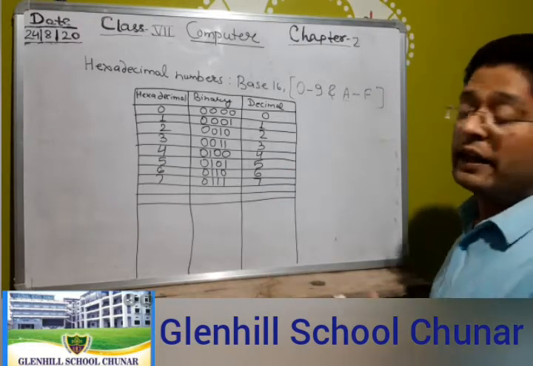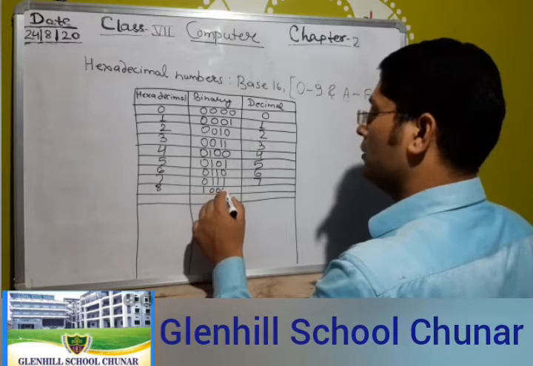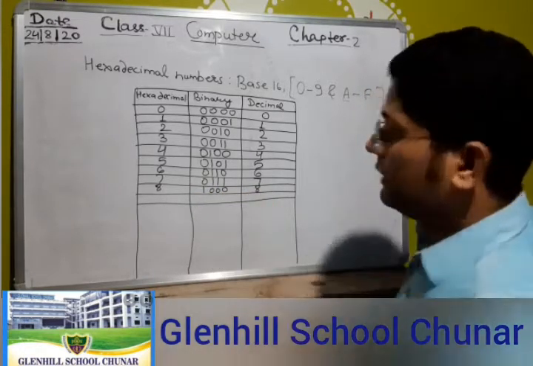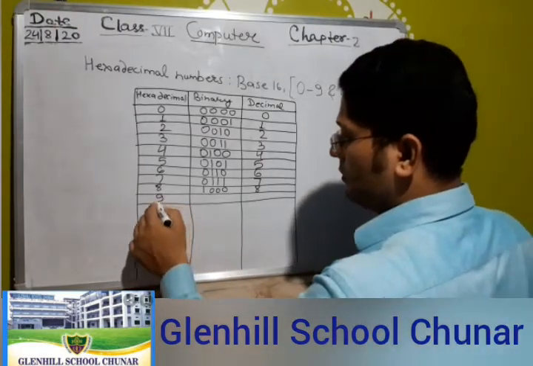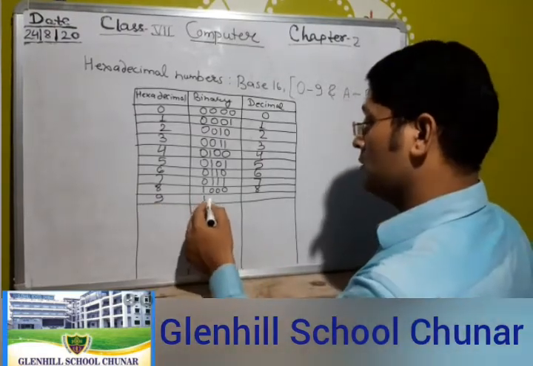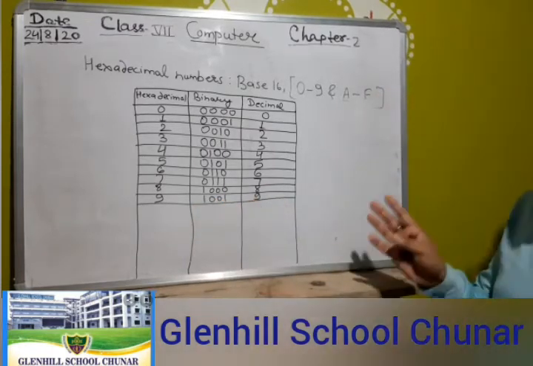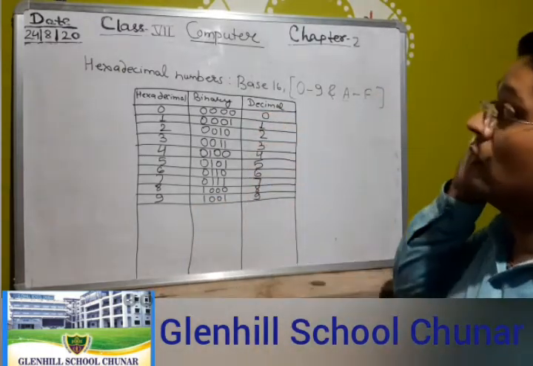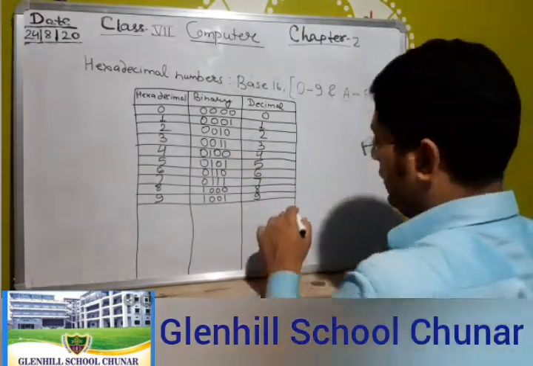Okay, and the 8 is 1000 and the decimal 8. And the 9 is 1001 and decimal 9. Okay, complete your 0 to 9 binary and decimal values, and then A to F.